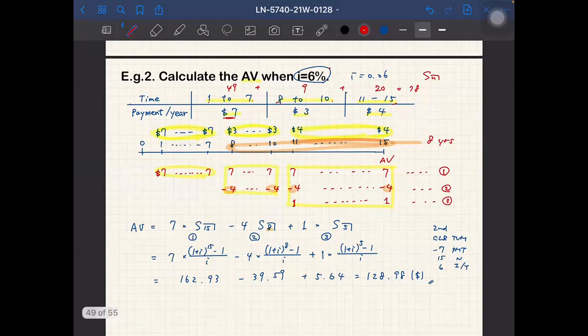Yeah. So again, there are several ways to calculate accumulated value. For example, calculate the present value in the same way as the previous example.